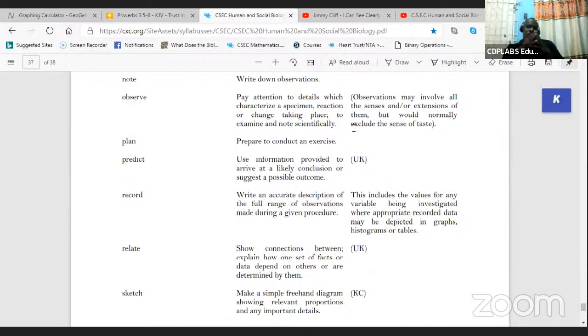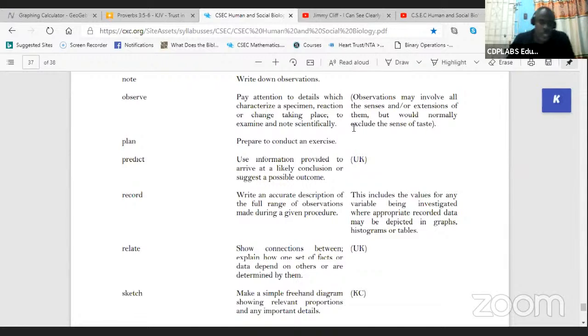No. So in other words, movement is dependent upon these bones and the muscles. So when we talk about relating, you have to talk about how one thing is dependent upon the other. Sometimes the physical characteristics of the thing make what you observe possible.